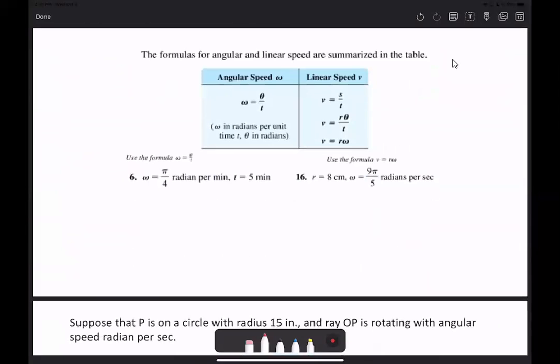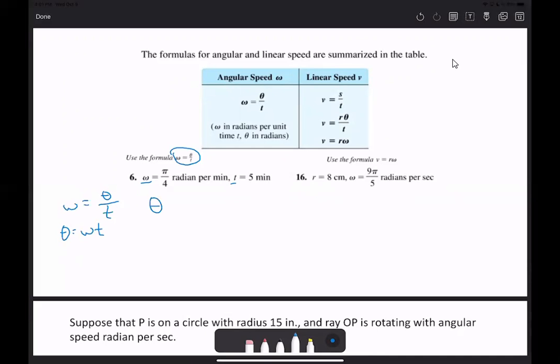On this slide, we're just going to use the formula omega equals theta over t to find, depending on what they give us, what's missing. In this case, we have omega and time, so we're looking for theta. If you solve the formula for theta, we get omega times t.